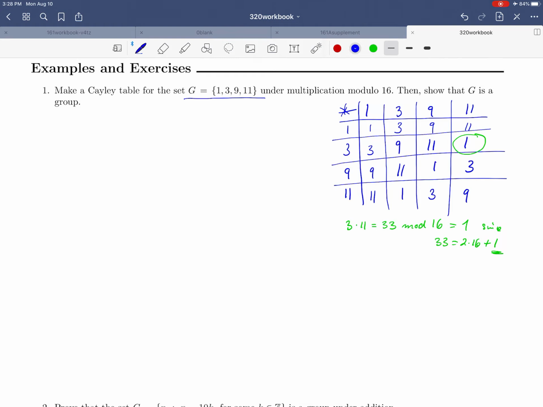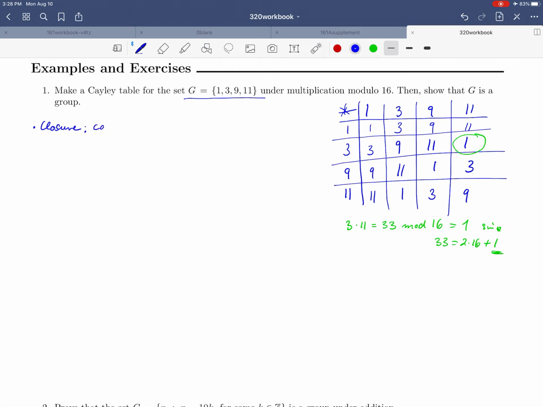So I have my Cayley table, and now I can use that to show that G is a group. To show that something is a group, one thing we have to show is that our group is closed under the operation. So if I combine any two of our elements using our operation, multiplication mod 16, I again have to get another group element. So closure.